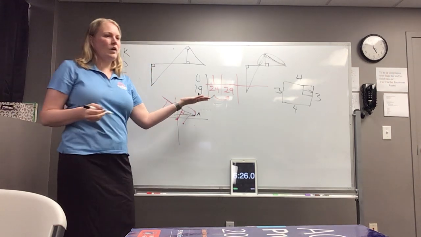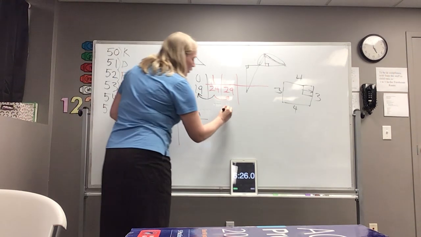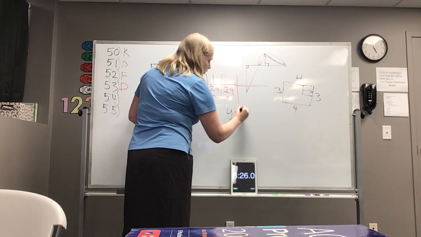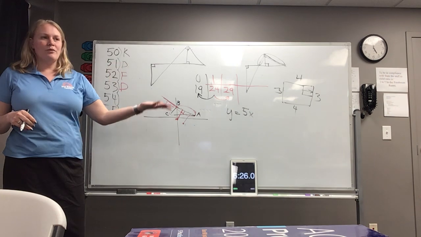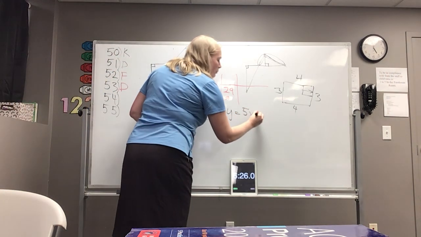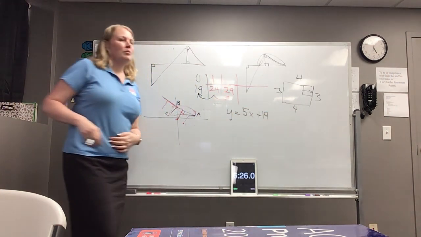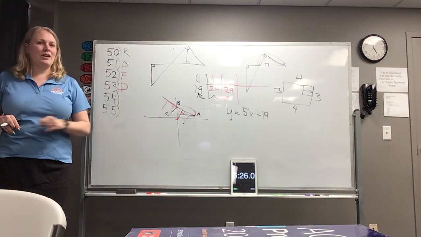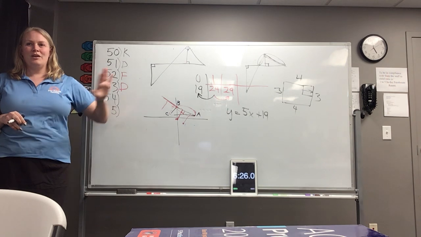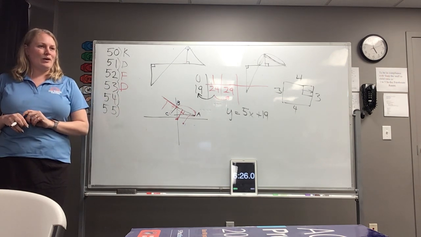And so our equation is y equals 5x, because he's making 5 calls more every day, plus 19, the day 0 number. You can find out how many calls he made on day 20 with a good old linear equation.